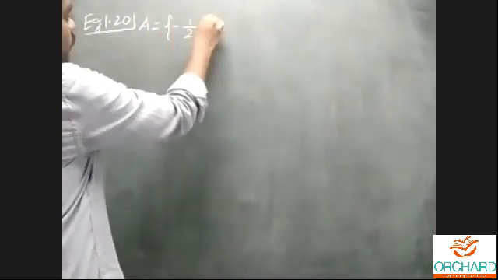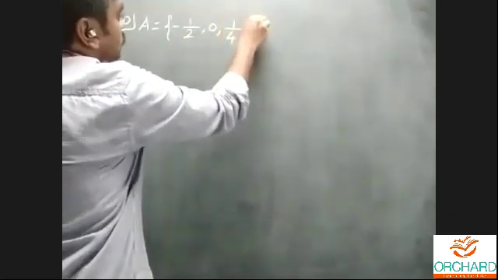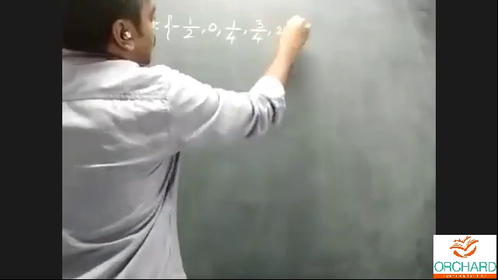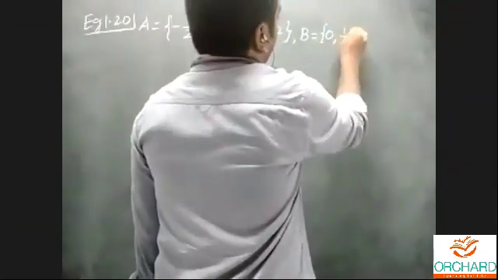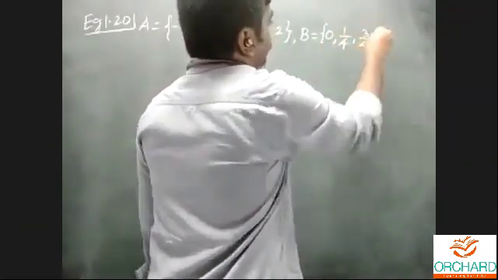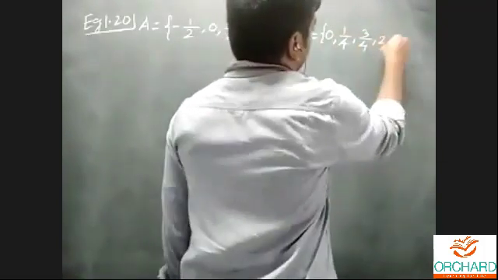Okay, next example 1.20. Elements of set A: minus 1/2, 0, 1/4, 3/4, 2. Elements of set B: 0, 1/4, 3/4, 2, 5/2.